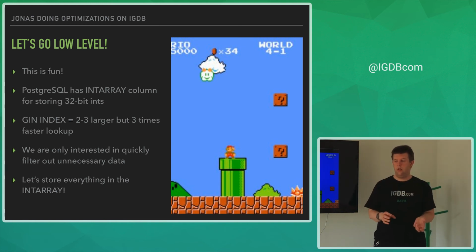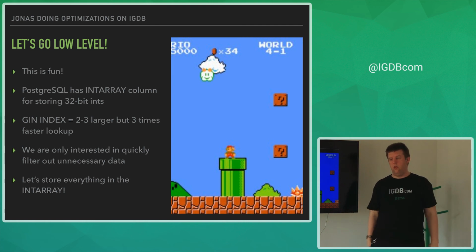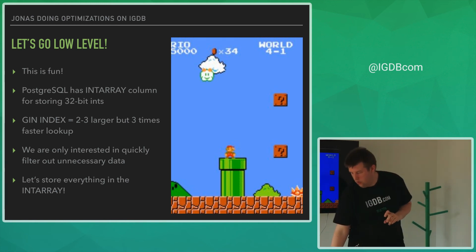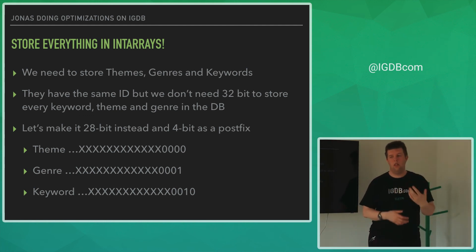And we are only interested in filtering out the data, so only related games should be compared to each other. So let's store everything into a 32-bit integer instead, or an int array. So how do we store themes, keywords and genres in an int array?